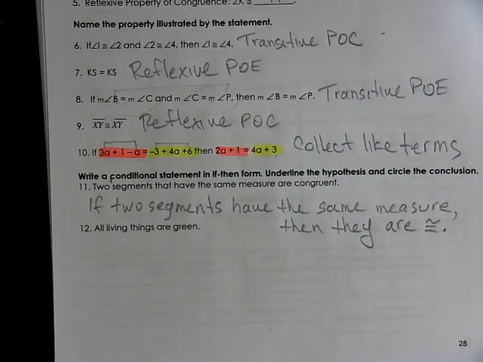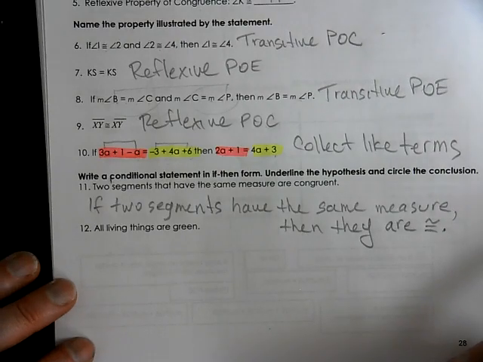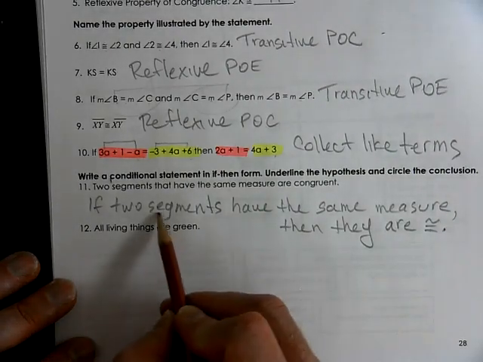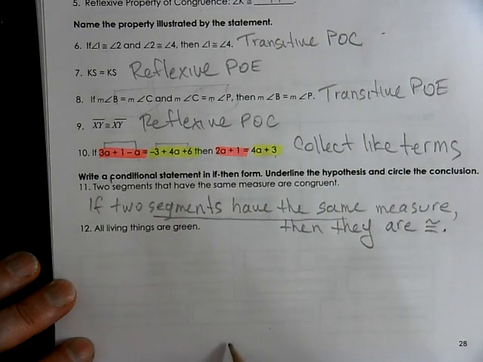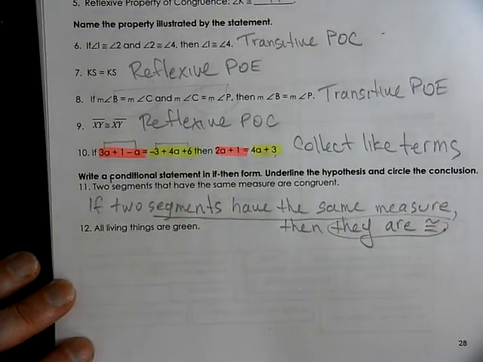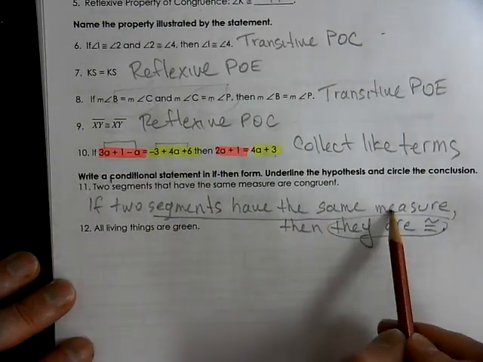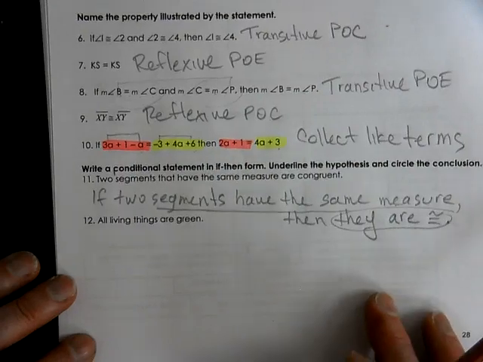You can use a congruent symbol. So if-then, the hypothesis is the segments having the same measure, and your conclusion is they are congruent.